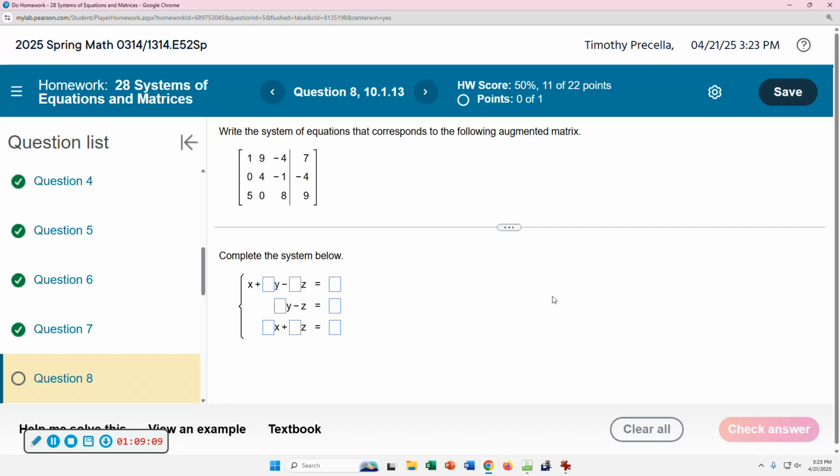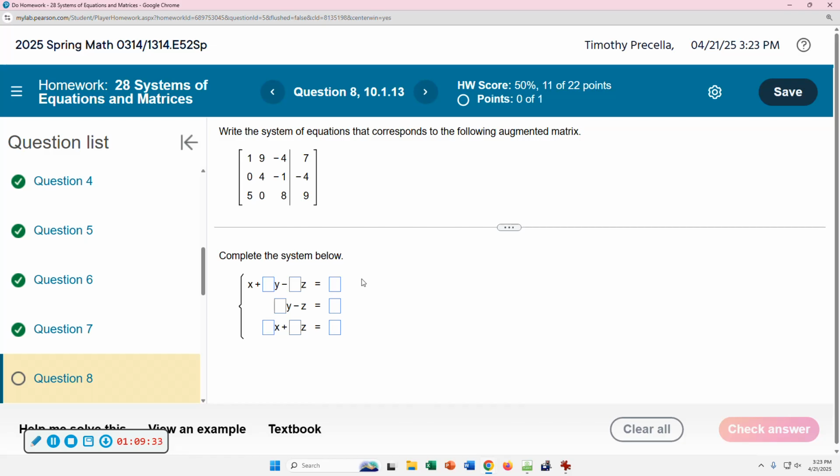Oh. Now we've got to go backwards. In math, algebra especially, you do it one way, then you do it in reverse. Okay, do you want to write it down or just type it out? I think we have time. I'm going to write it out. Give me a moment. I have the matrix: the first column is 1, 0, 5.